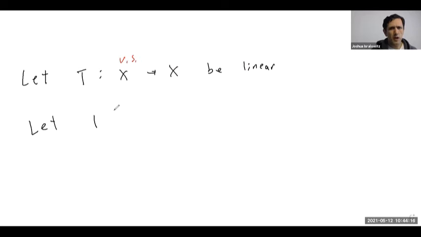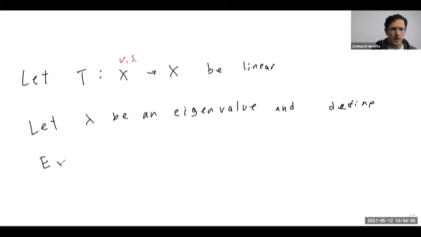Let's say lambda is an eigenvalue, and define E lambda to be the kernel of T minus lambda times the identity on X. A lot of times this is just written as T minus lambda.